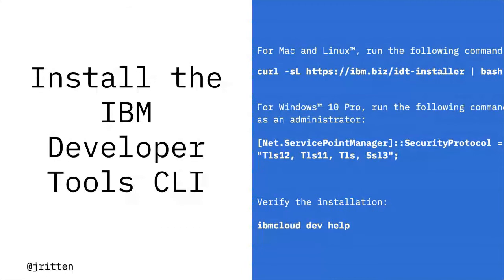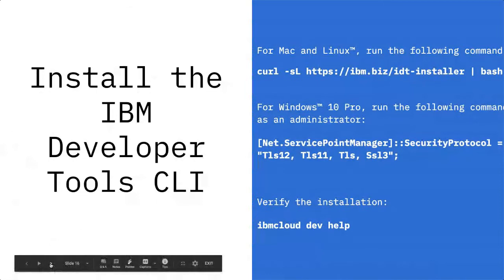For Windows 10, we have the following command to run as administrator. And then to verify the installation, you're just going to run ibmcloud dev help. When you run that, you should see the commands come up within your terminal screen.